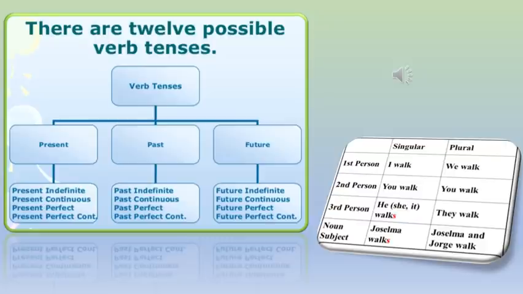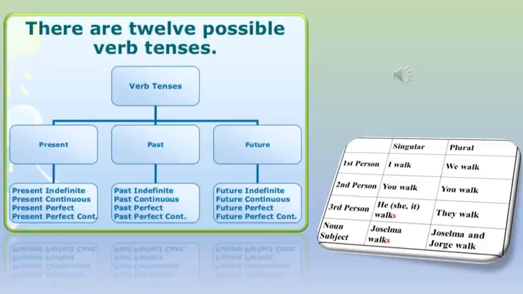Tenses can be broadly classified into three broad categories. That is present tense, past tense and future tense. With each of these tenses, there are four aspects associated with it. An aspect here refers to the nature of action performed by the verb.